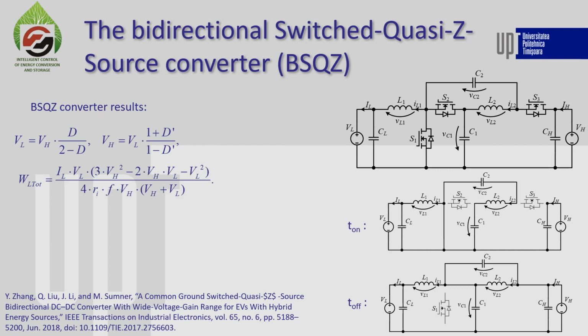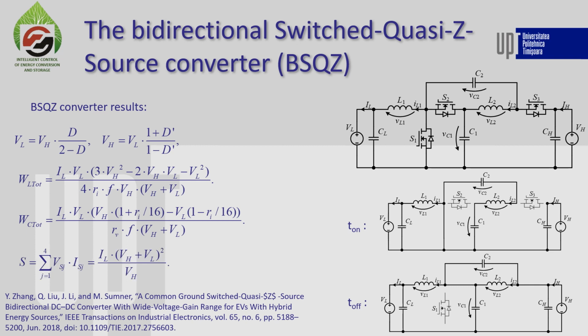We also calculate the total inductance energy, total capacitor energy, and the total active switch stress. But these indicators are a bit difficult to compare to the conventional buck-boost converter in this form, and we will compare them in the final slides in the comparison section.